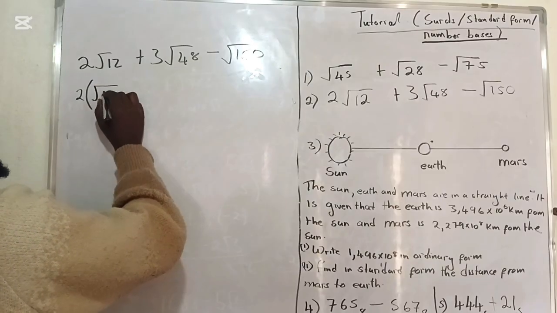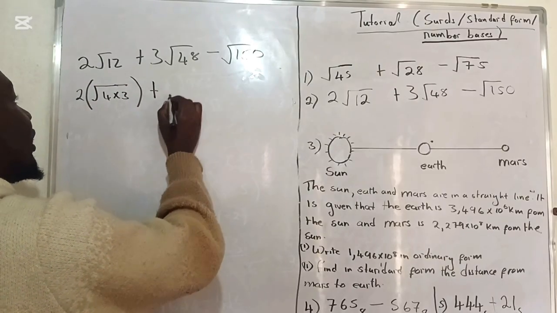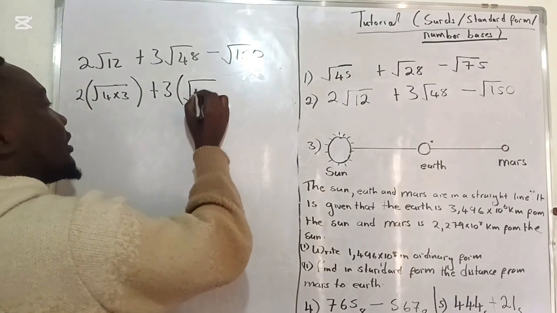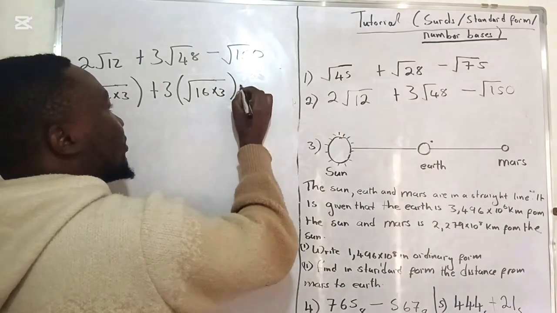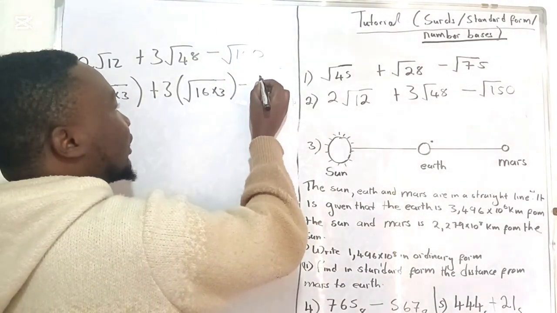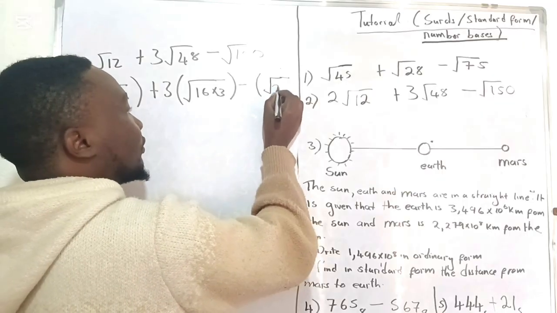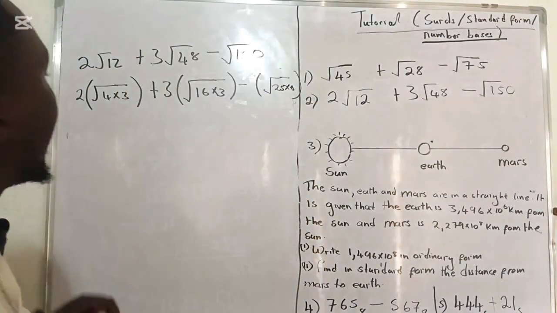So root 12 is root 4 multiplied by root 3. Then you close the bracket. Then you have 3, open another bracket. So 48 is 16 multiplied by 3. Then you close the bracket, minus root 150, which is 25 multiplied by 6. Then you close the bracket.